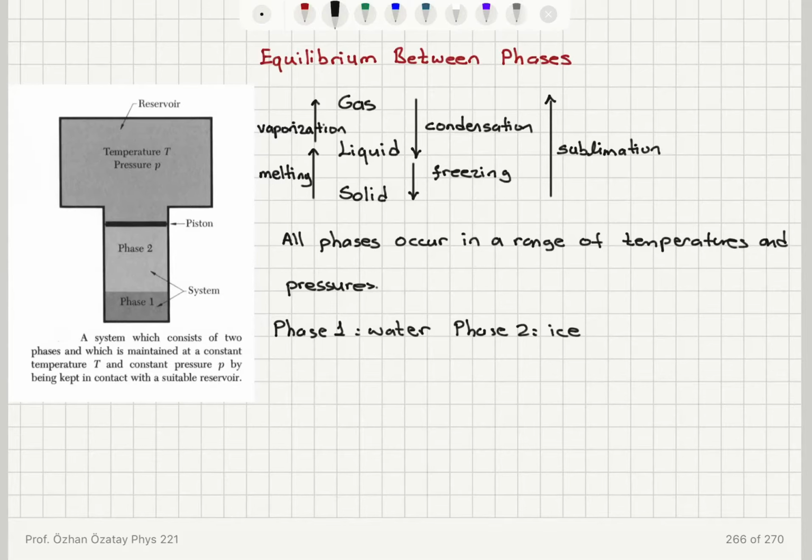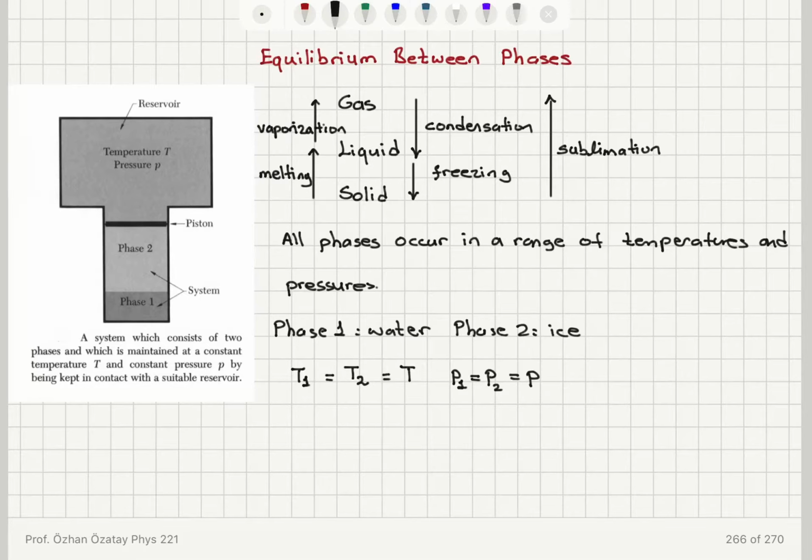So for these two phases that coexist, since we have a thermal contact between them, the temperature of phase 1 must be equal to the temperature of phase 2, must be equal to the temperature of the reservoir T. The pressure in phase 1 must be equal to the pressure in phase 2, and that must be equal to the pressure of the reservoir.